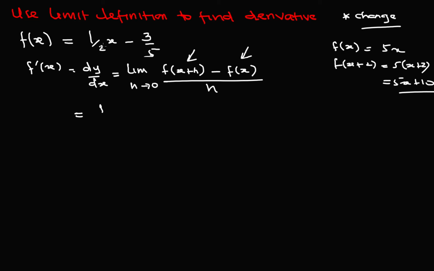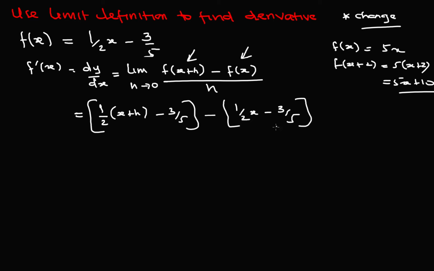It's the same here. We are going to first look at the input x plus h. So we'll have half. Okay, now the x has changed to x plus h, right? Minus 3/5. And then we are saying that we should subtract the original function, which is half x minus 3/5. Right?